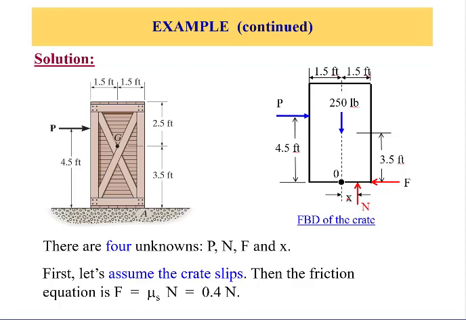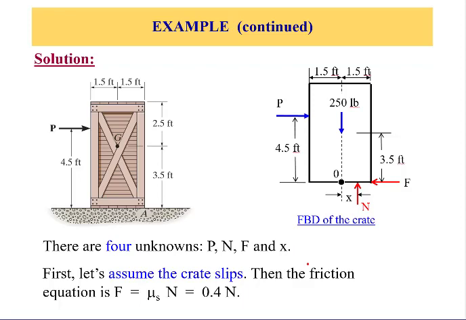It could be at X, or it could be at the corner, and the normal force is unknown. So in total we have 4 unknowns, but 4 unknowns are more than the 3 equations that we can obtain from equilibrium equations. So we must impose some assumption and check if the assumption is valid.